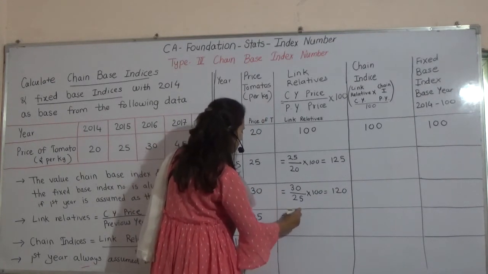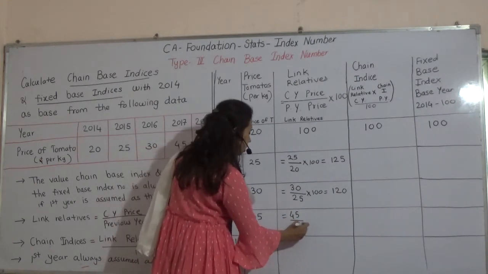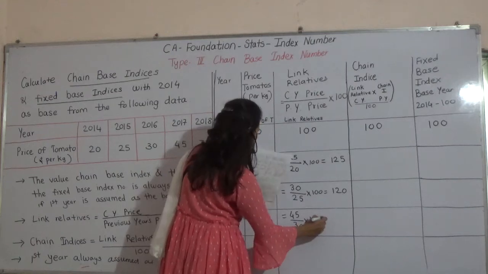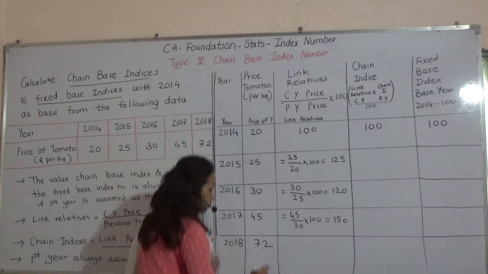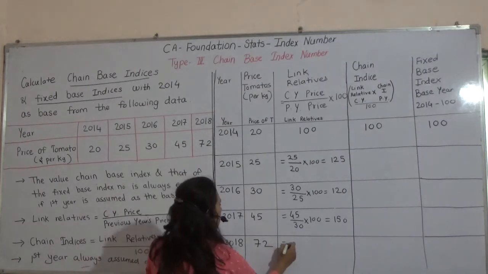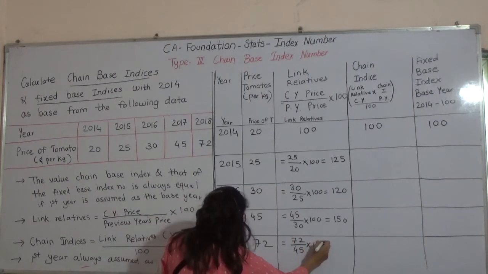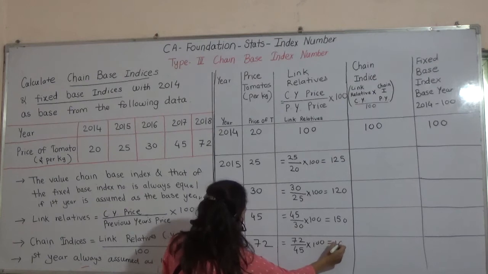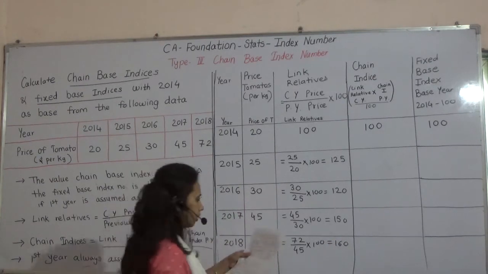Current year price, that is 45. Previous year price, that is 30 into 100. Answer is 150. Then again current year price, previous year price into 100. Answer is 160. Likewise, I have calculated link relatives.